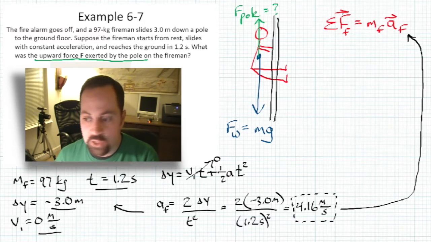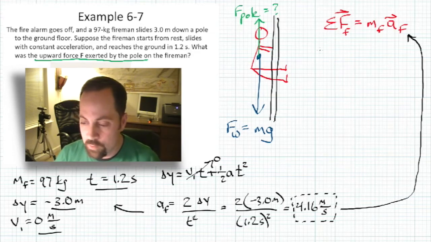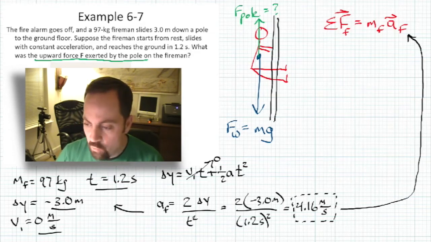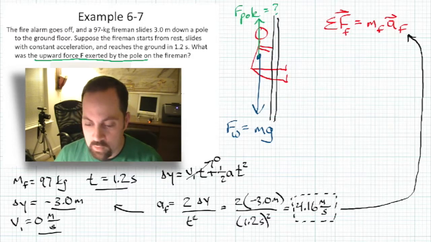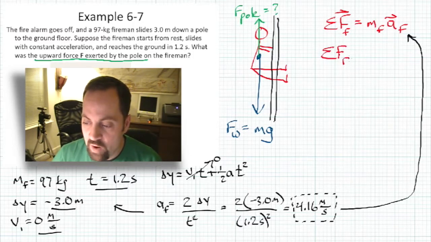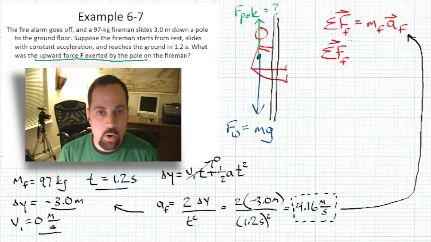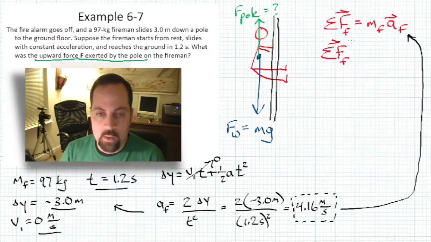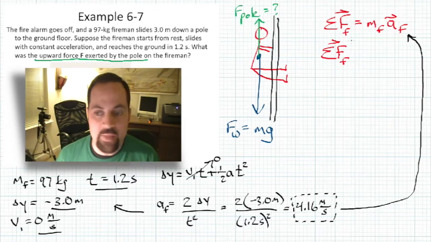It is also just as true to say this. The net force on the fireman is also equal to the sum of all the forces when you add them up.